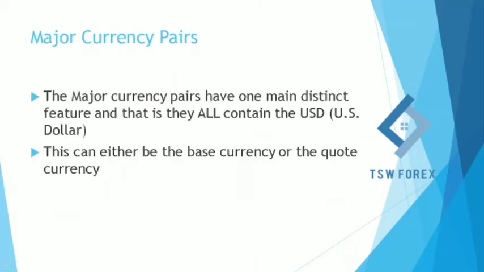Major currency pairs. The major currency pairs have one main distinct feature, and that is they all contain the US dollar. It can either be the base currency or the quote currency.